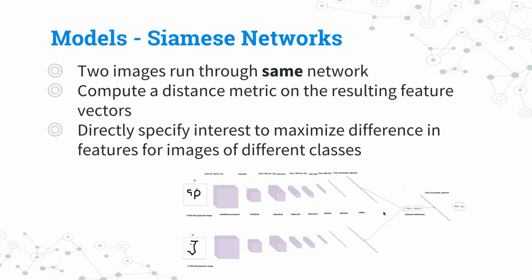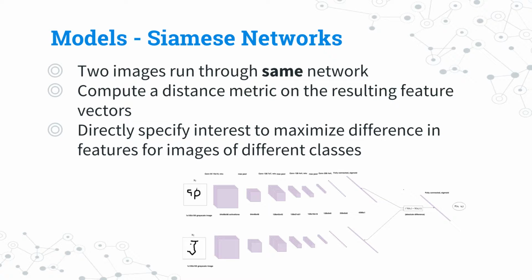With most neural networks that you may have seen before, you usually take an image and try to predict the class of it directly. So the features are computed based on which features will help me best label this image. Here instead, our interest for these features is that we want to maximize the difference of features for images which are in different classes.